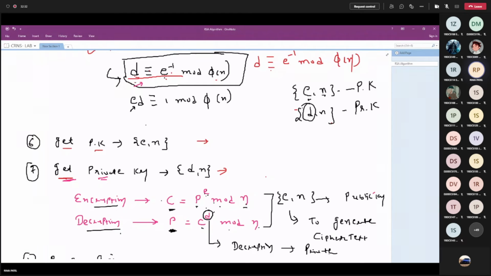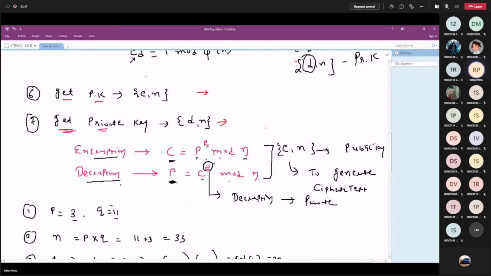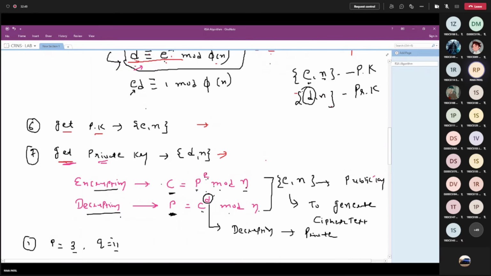Why? Because the attacker has to try again and again. I hope it is justified now. Yes, ma'am. Okay. Moving ahead with the example. So this was the whole procedure, right?